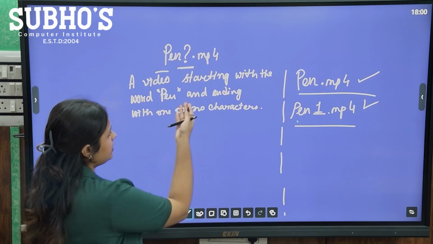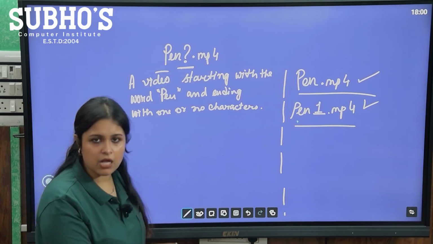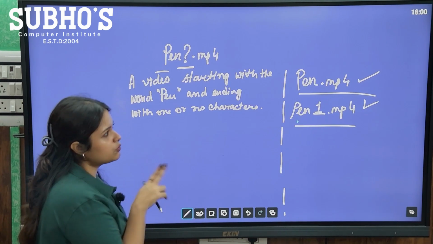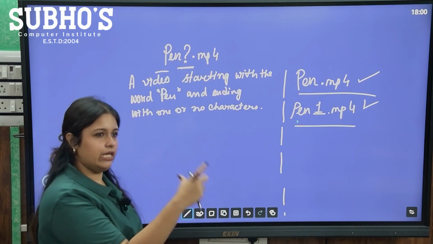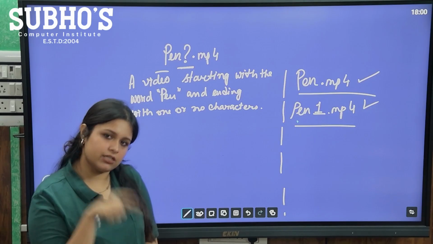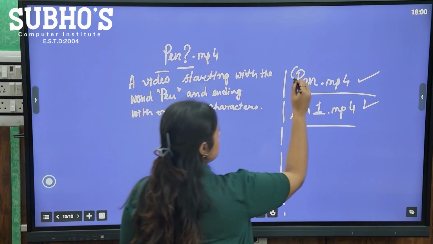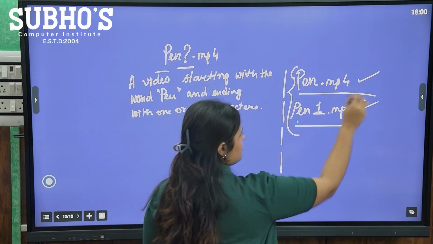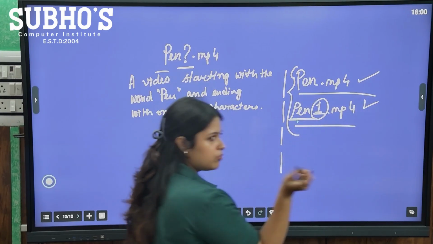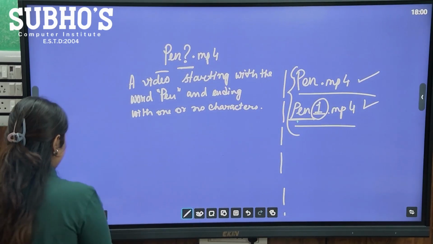But since you have given a question mark right before the extension, the computer figures out যে একটা ফাইলের একদম লাস্টে যদি একটা স্পেসিফিক ক্যারেক্টার থাকে আমি সেটাকেও দেখাবো, যদি ক্যারেক্টারটা না থাকে আমি সেটাকেও দেখাবো. So it's basically going to show you this file, and pen ওয়ার্ডটার পরে একটা স্পেসিফিক ক্যারেক্টার থাকলে ওই নামে যদি কোনো ফাইল থাকে সেইটাকেও দেখিয়ে দেবে.